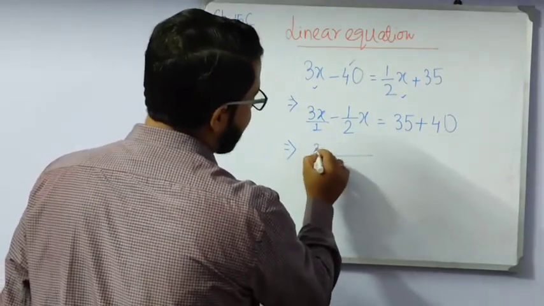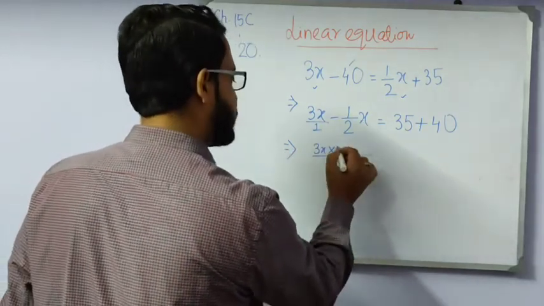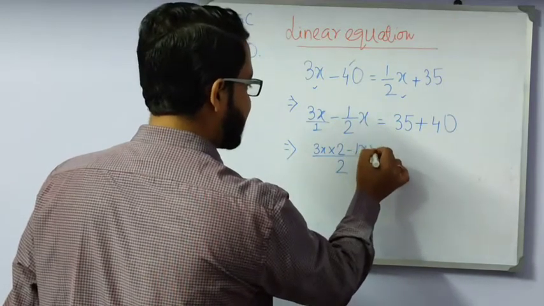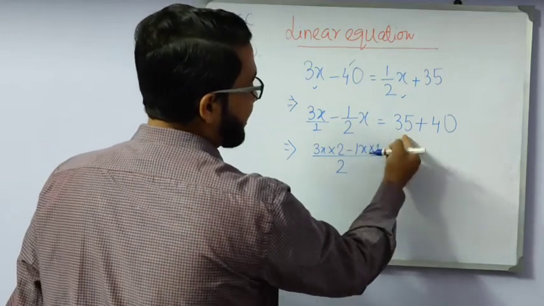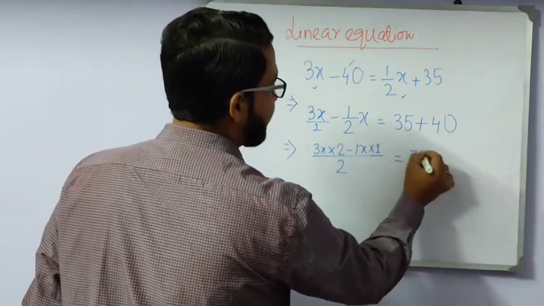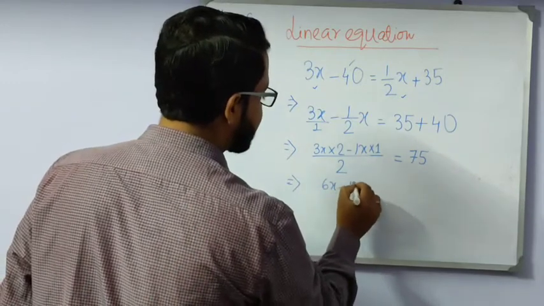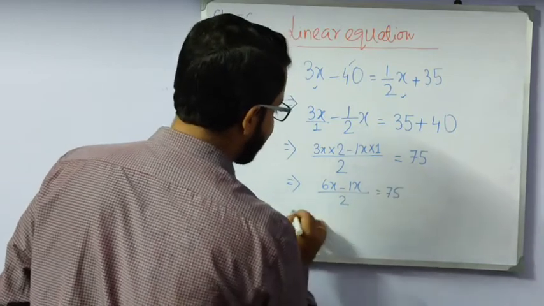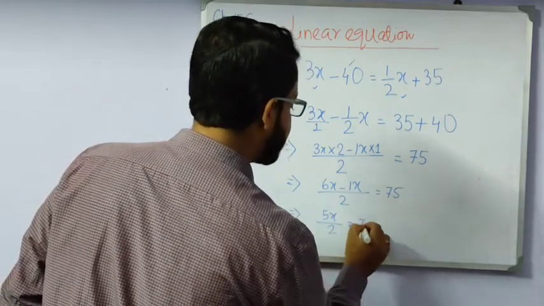So 3x, this 2 divided by 1 means 2, minus 1x into 2 divided by 2 means 1. 35 plus 40, 75. This is 6x minus 1x upon 2 is equal to 75. 5x upon 2 is equal to 75.